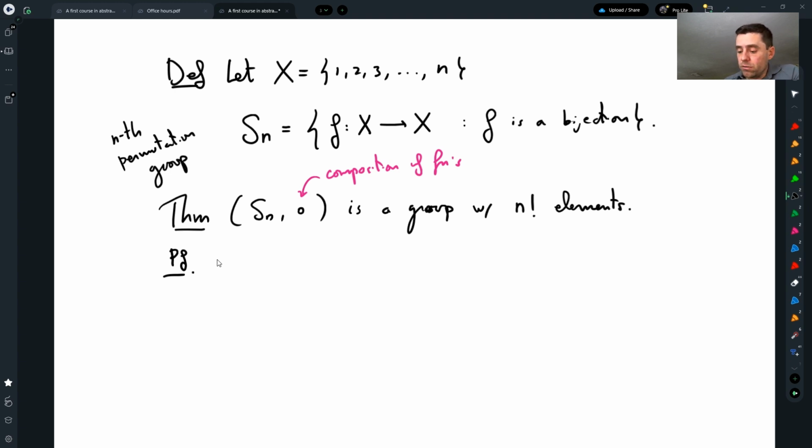First of all, we need to know that Sn is closed under composition.